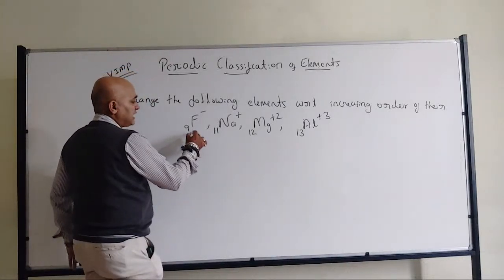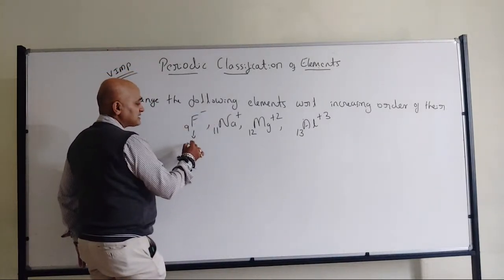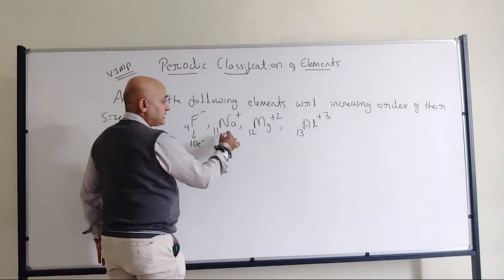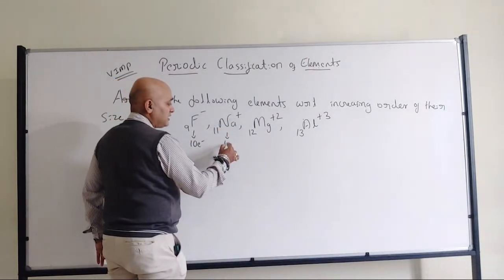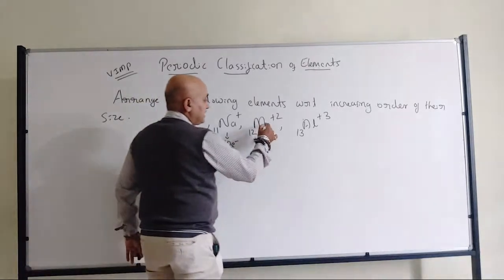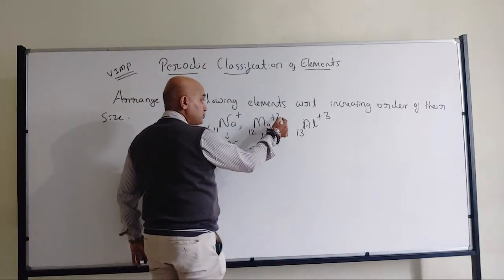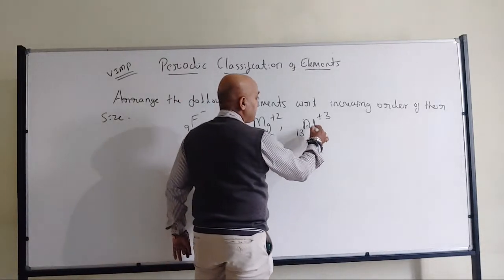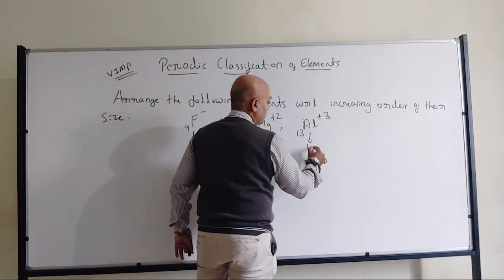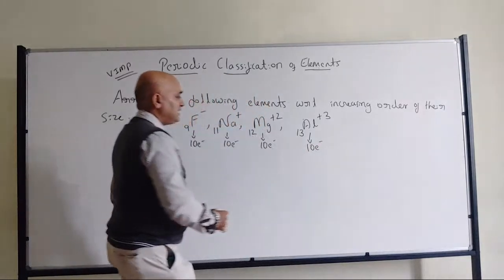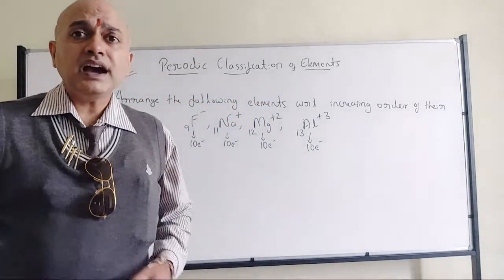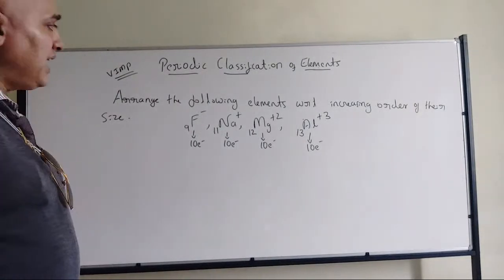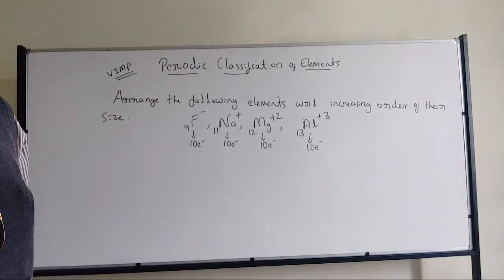So fluoride, since it has gained 1 electron, has 10 electrons. Sodium, since it has lost 1 electron, has 10 electrons. Magnesium, since it has lost 2 electrons, has 10 electrons. Since aluminium has lost 3 electrons, therefore it will have 10 electrons. All of them are isoelectronic species. All of them have 10 electrons.